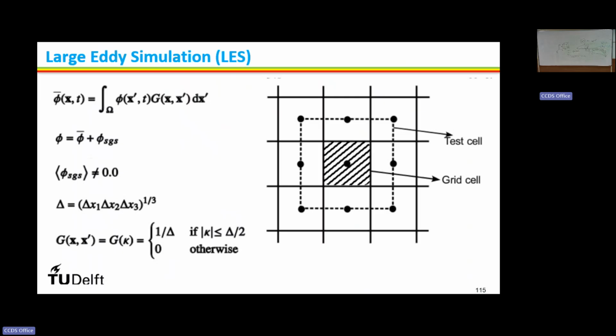Normally, if the wave number is less than half of delta, then they allow things to be modeled, otherwise the convolution kernel is 0. Clear? Normally I capture delta for the filter, consider half of the delta, 1 by delta half. If it is within half of the delta, then the convolution filter is 1 by delta, otherwise it is 0.